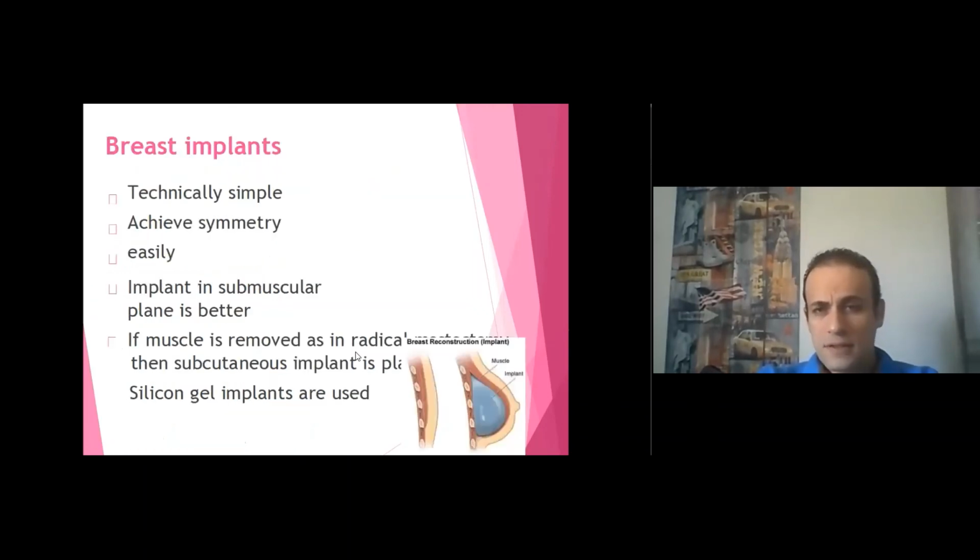Breast implant is technically simple, with a good result, and achieves symmetry. We control the size of the silicone that we need, and can put it under the muscle. It is better for more stability. If the muscle is weak or removed, then we place it directly under the skin.